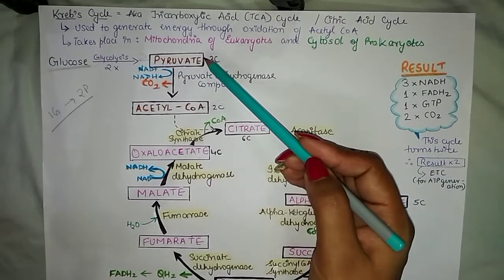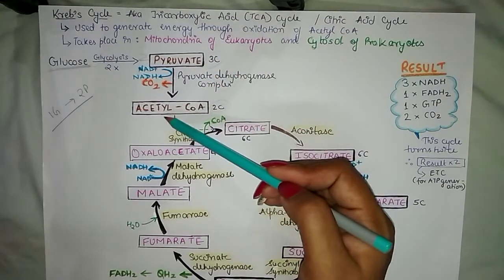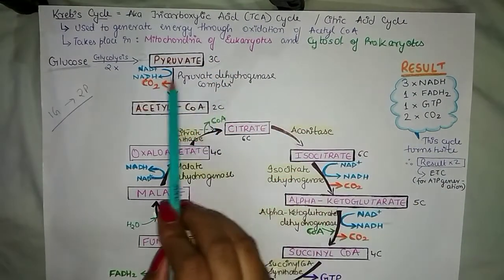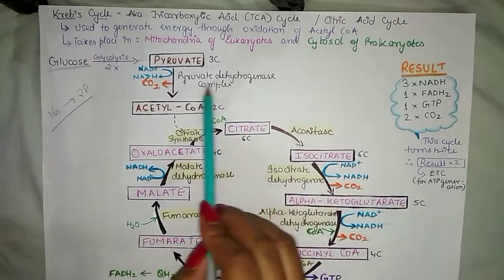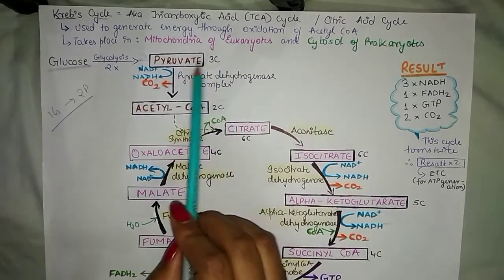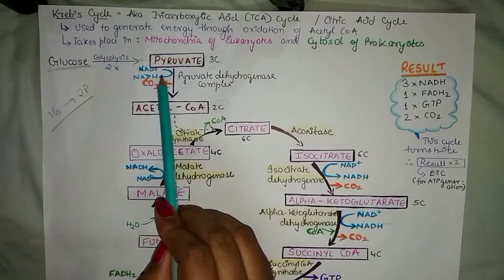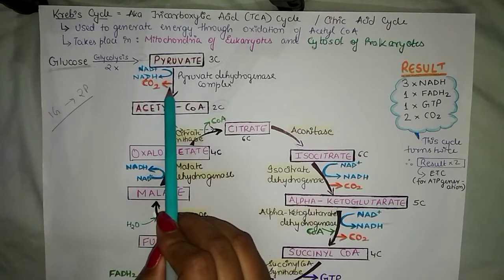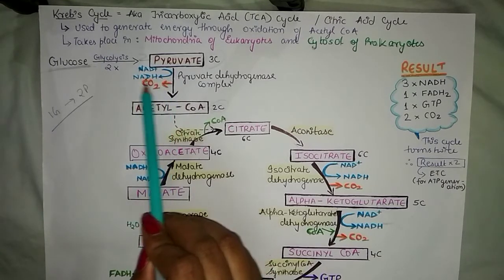Pyruvate will be converted to acetyl coenzyme A in the presence of the pyruvate dehydrogenase complex. During this reaction, NAD plus will be reduced to NADH and a carbon dioxide molecule will be released.